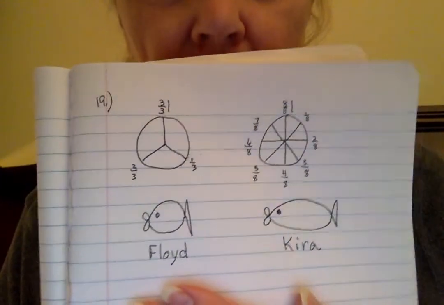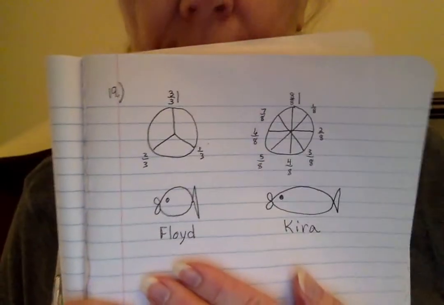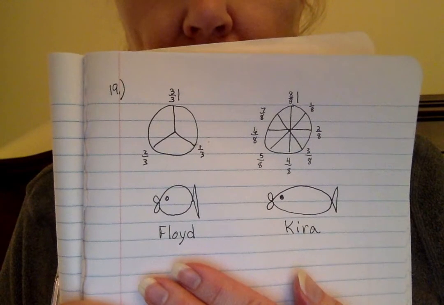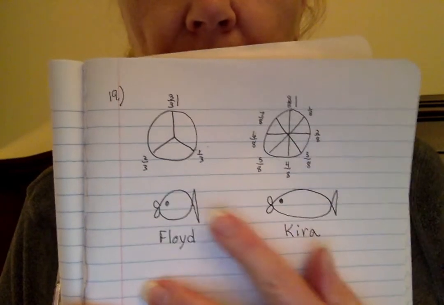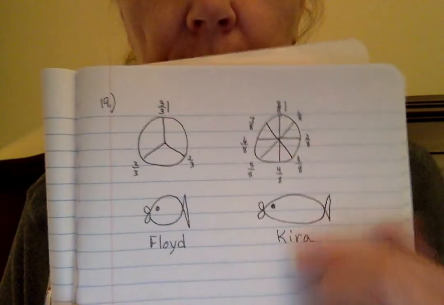And we're going on to number 19. Floyd caught a fish that weighed 2/3 of a pound. Kira caught a fish that weighed 7/8 of a pound. Whose fish weighed more? It says explain the strategy, but we're going to draw a picture. That's our strategy. Here we have a couple of fish. Floyd's fish is right here, and Kira's fish is right here.